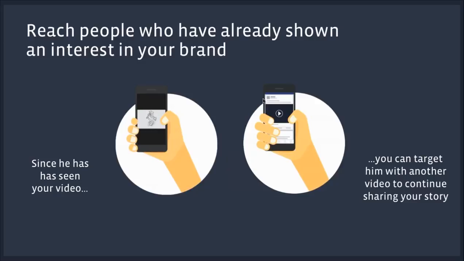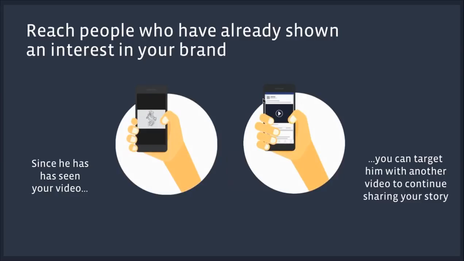So imagine you have a video campaign and it lasts 7 days or 14 days, and you have an okay budget behind it, and every day you get 1,000 views, let's say 1,500 views. At the end of 14 days, you're going to have an audience of 1,500 times 14.